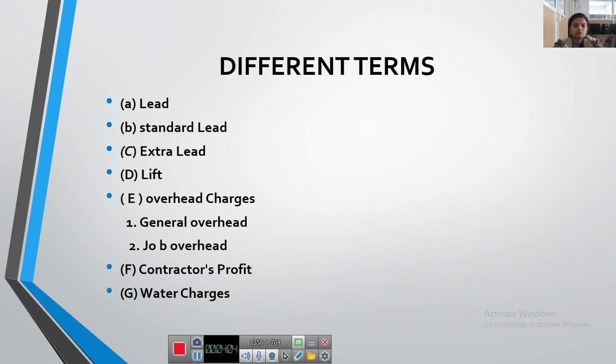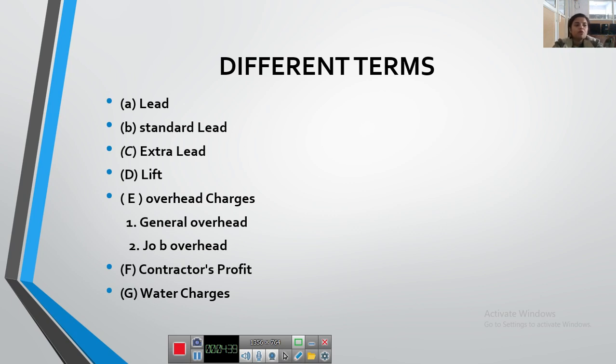Now the next term is overhead charges. Overhead charges are the indirect and unproductive expenses that are required to be incurred by contractors, such as office expenses, taxes, supervision charges, etc. Why am I saying unproductive?